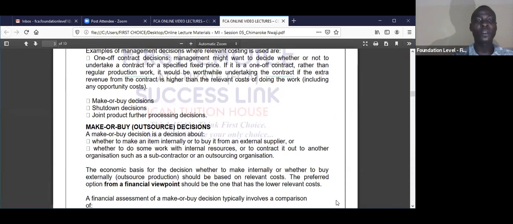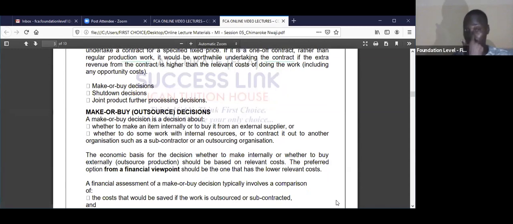Okay, we are going to be looking at majorly 2 of these decisions, make or buy or shut down. These are the 2 that we are going to be looking at today. Make or buy decision. We call it outsource or in-house decision.